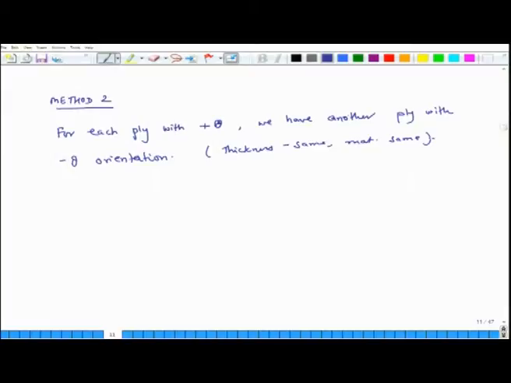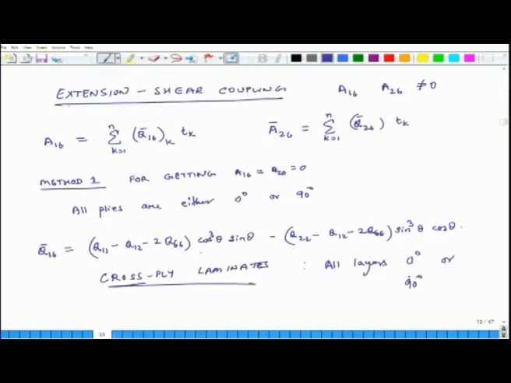Okay. So, in this case what happens, Q16 bar for positive theta degrees will be, let us say, some number C1, and Q16 bar for the negatively oriented ply will be minus C1. Why? Because you look at this relation, it is an odd function in theta.